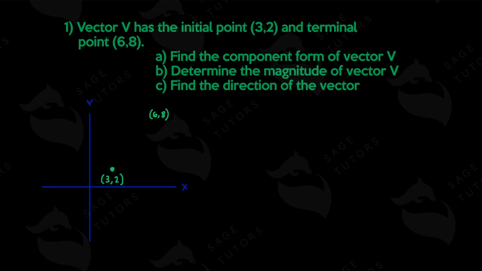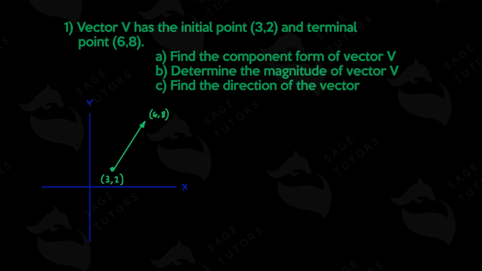The vector always points in the direction of the terminal point. Notice how we always have a magnitude and direction of the vector, which we will find. But here it's very important to recognize the difference between the initial and the terminal point.